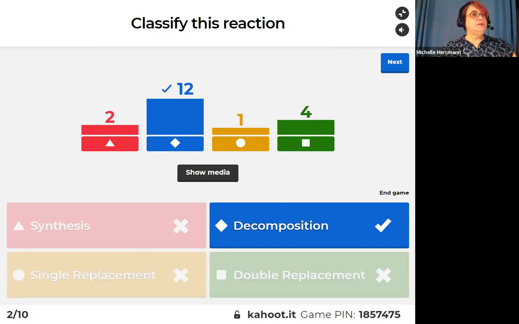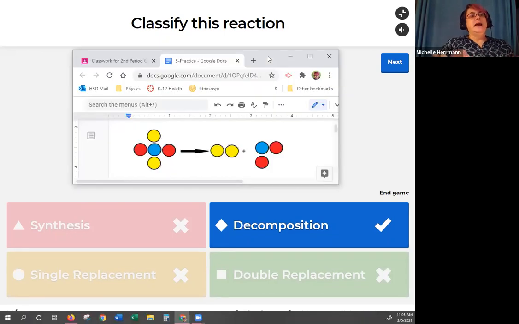A lot of people chose decomposition. That's the right answer. Let me get the picture of it back up here so we can look at it. All right. How can I tell if it's a decomposition reaction? Well, I'm starting with one thing, and then in the reaction, I'm getting other things that are pieces of it. I don't know what this thing was, but apparently it broke down into 2 compounds. So that's one way that I know it's decomposition.